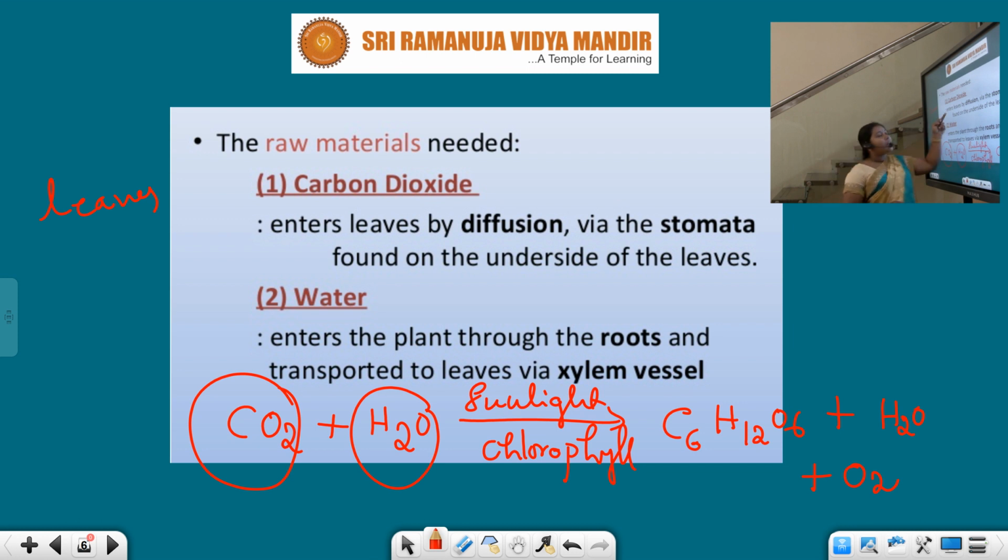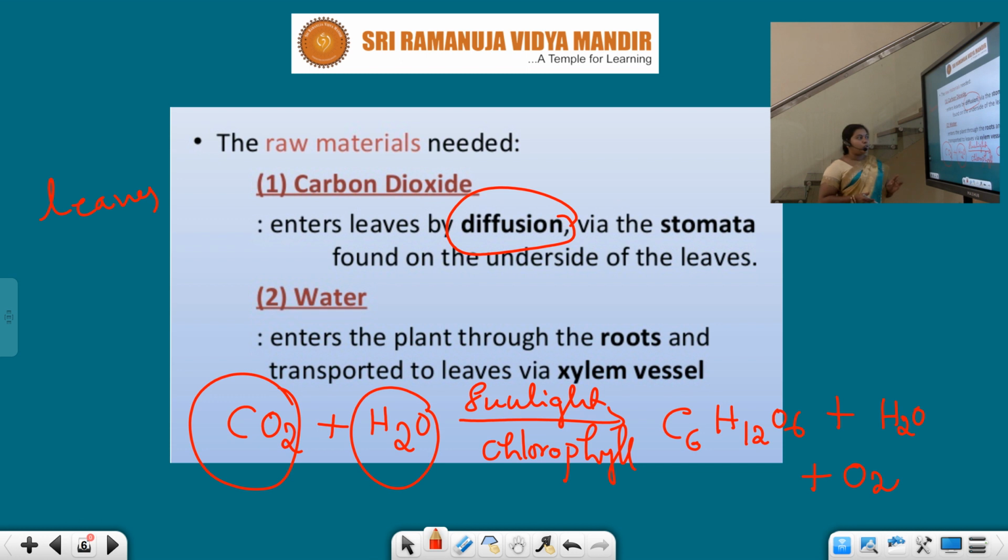How does this carbon dioxide enter the leaves? By the procedure known as diffusion, which is a physical procedure. It enters through the stomata, the small openings present in the lower epidermis of the leaves. Through these stomatal openings on the underside of the leaves, carbon dioxide enters into the leaves.